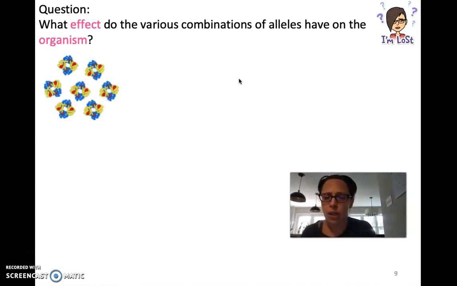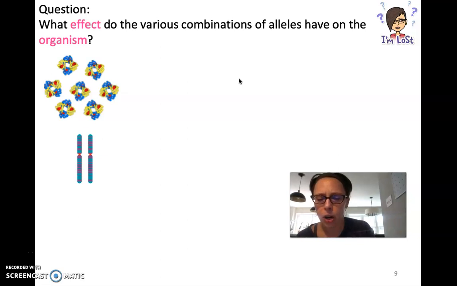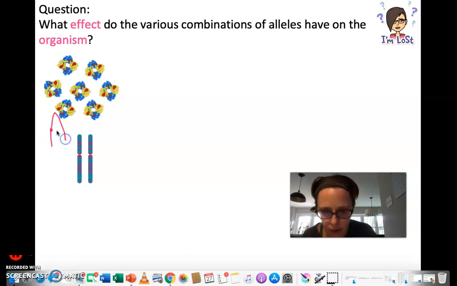Okay, so here is our normal hemoglobin. Let's just say that these are the chromosomes, chromosome 11, for an organism, say a parent or whoever. It's an organism that has normal hemoglobin. There are her two chromosomes or his two chromosomes. And on one chromosome is a capital A, just like we did with our popsicle sticks.